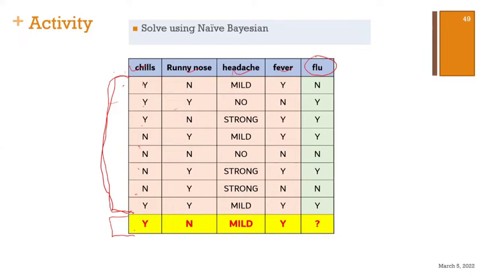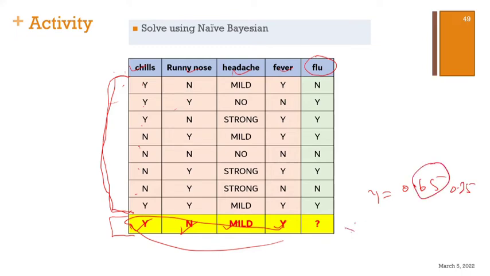If shield is yes, you calculate it. If runny nose is no, if headache is mild, and if fever is yes. Based on your probability outcome, one will be higher than the other. If yes has a higher probability of 0.65 and the other is 0.35, then we go for yes as our answer. So we demonstrated this last time.